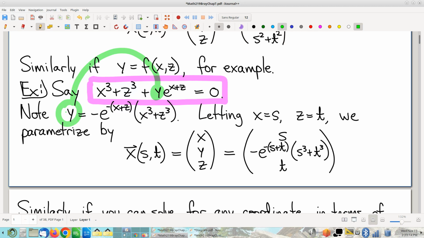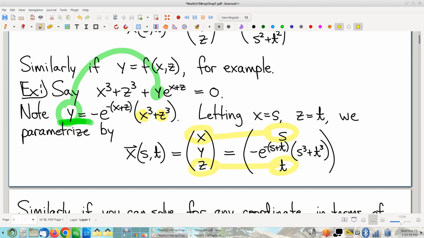And sure enough, I have y as a function of the other two variables. Now again, following the rule, once I have it written as a graph, once I have one of the variables as a function of the others, the other two variables, this time x and z, let those be your parameters. Again, that's the real simple rule. If one of the variables is a function of the others, let those others be your parameters.